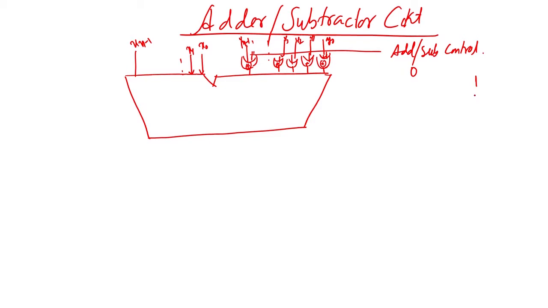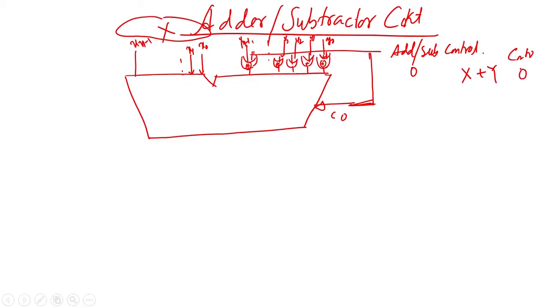Now what will happen? The carry input C 0 should also be added here. Say I want to perform x plus y. x is this side, and the control will be 0.